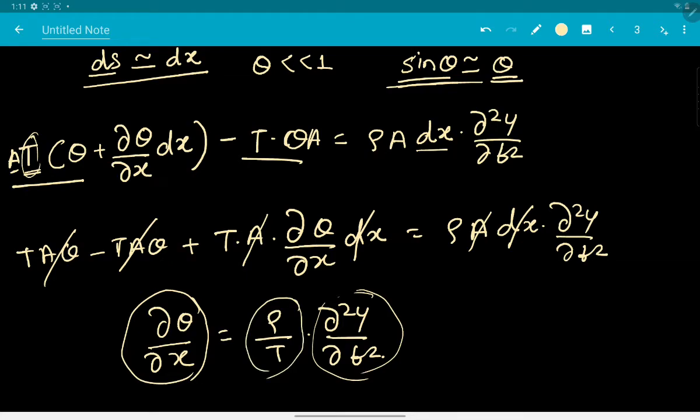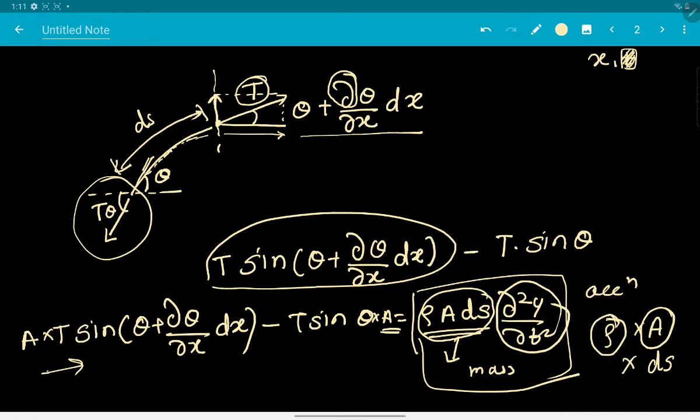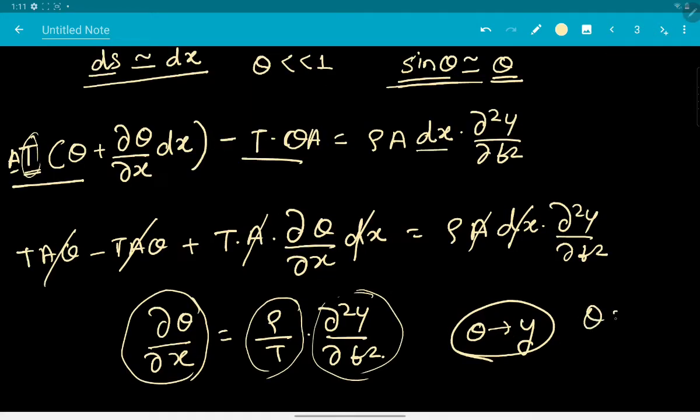Now we are going to go even further, and we are going to replace this theta in terms of y, which is the transverse displacement. You can simply do that by looking at the geometry. If you look at the geometry, you will see that theta is nothing but del y by del x.